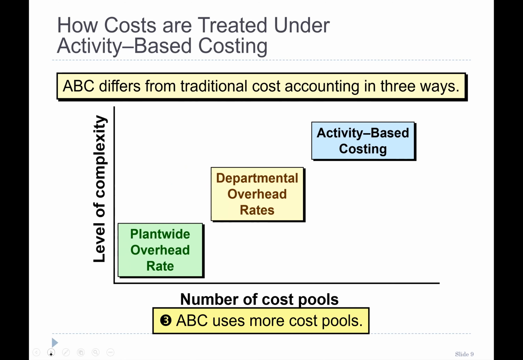How are costs treated under activity-based costing? The third way that ABC differs from traditional costing is that ABC uses more cost pools, which means ABC uses different cost drivers or denominators.